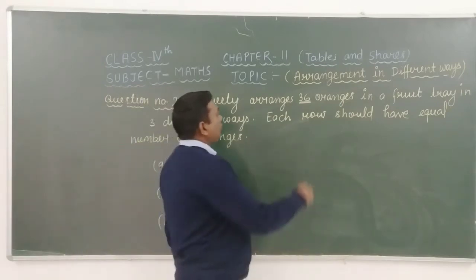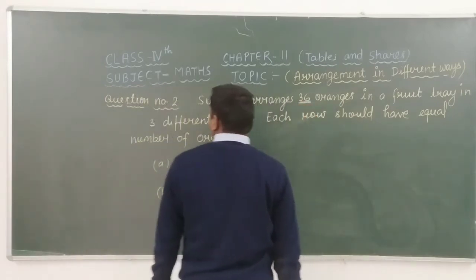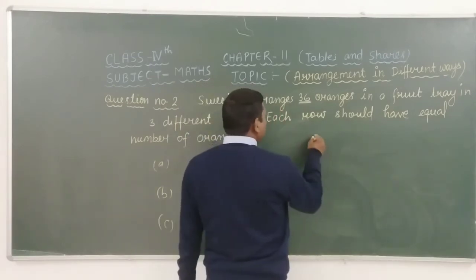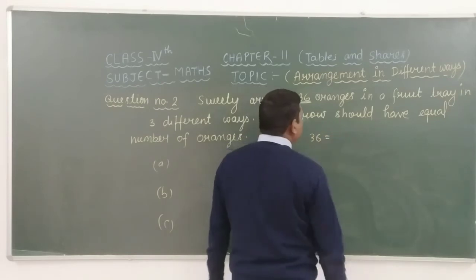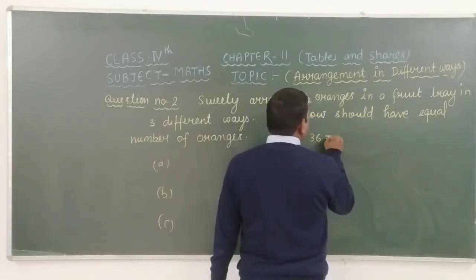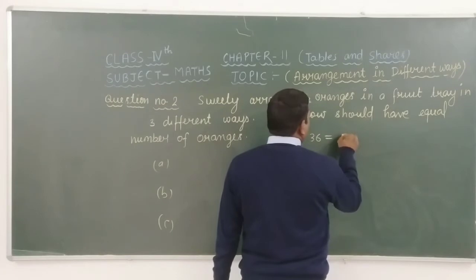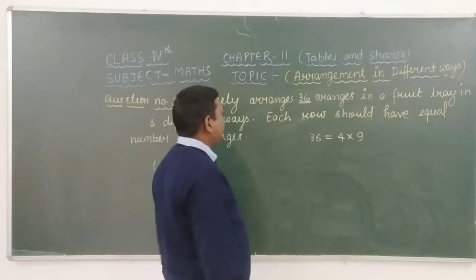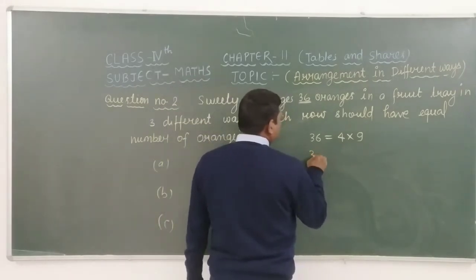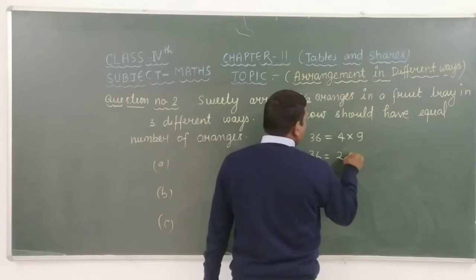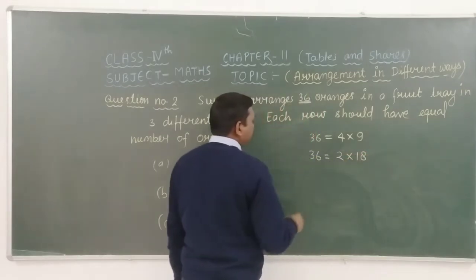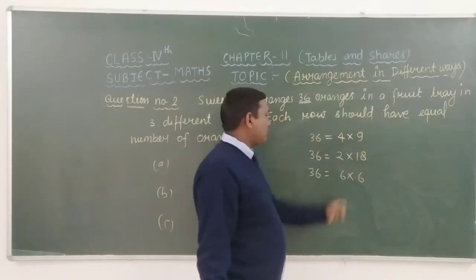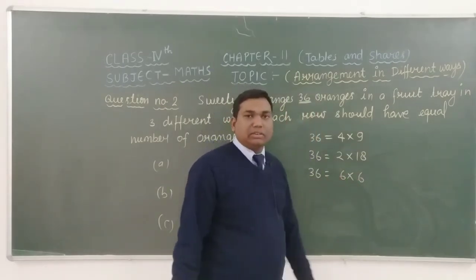Therefore we have to take the factors of 36. 4 9 are 36, and 2 18 are 36, and 6 6 are 36. These are the factors of 36.